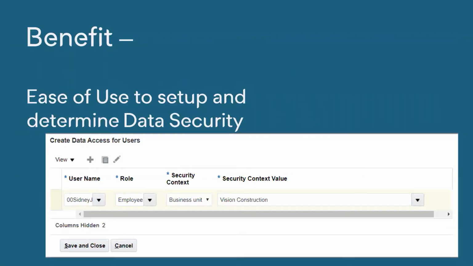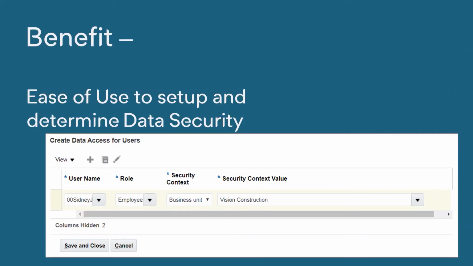In this case, we can see the username Sydney, we've got the role employee, we're going to allow them access to business unit Vision Construction, and that's it. What that means is when Sydney signs into the application and is doing tasks that are attached to the employee role, the application will determine that Sydney can only work with Vision Construction.